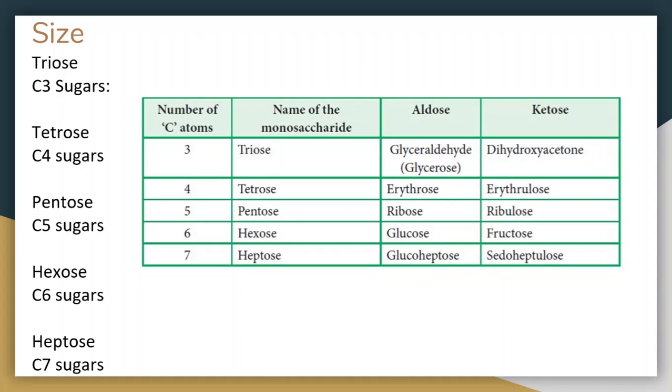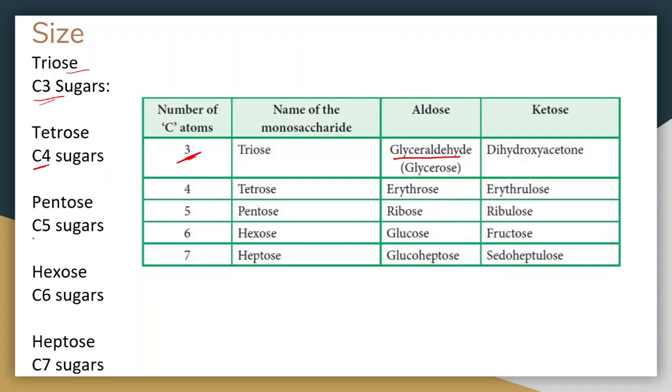If the number of carbon atoms present in the carbohydrate is 3, then it is called a C3 sugar or triose. The example of triose we have already studied is glyceraldehyde, which has 3 carbon atoms.